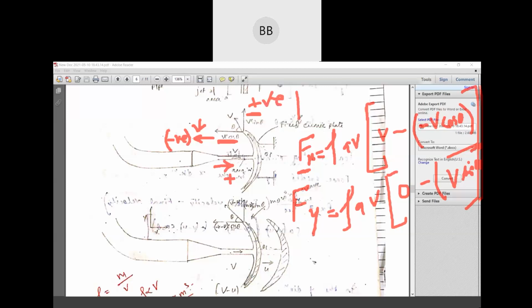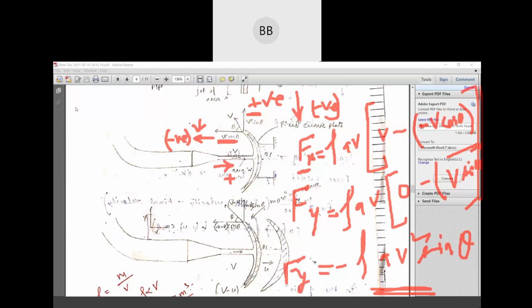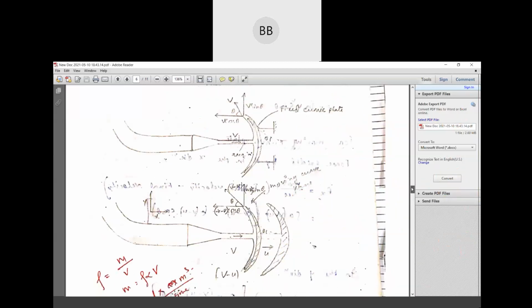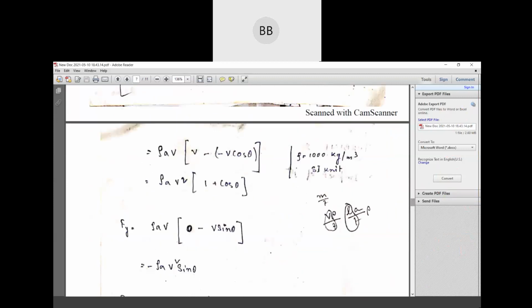If it is in the downward direction, we will consider it negative. As your V sin θ is in the upward direction, it will be positive. So this thing will be minus ρaV² sin θ. This is F_y. Very simple.